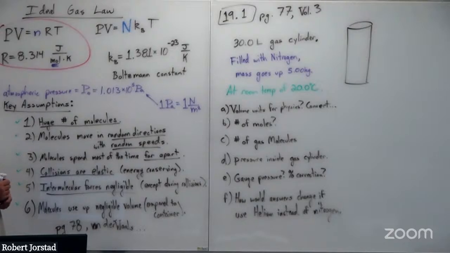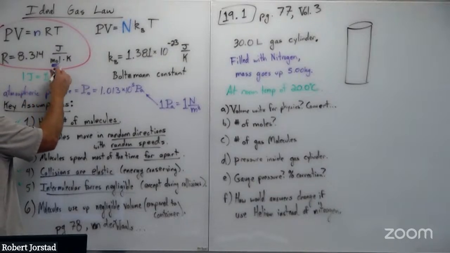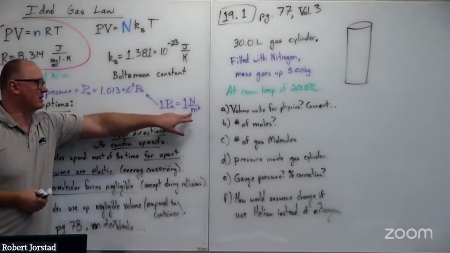So notice when we're doing this problem, joules is kind of the key. When I think about joules, I know a joule is a Newton meter, and a Pascal is a Newton per meter squared.